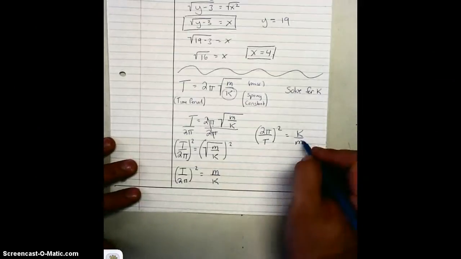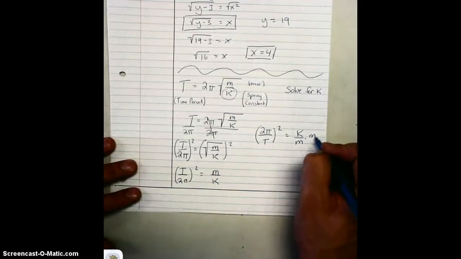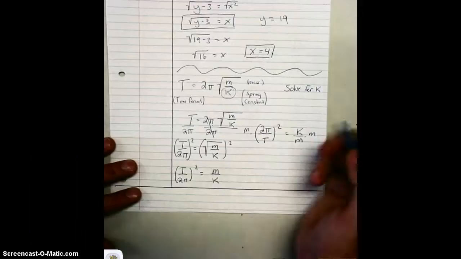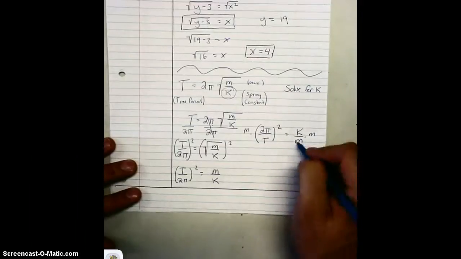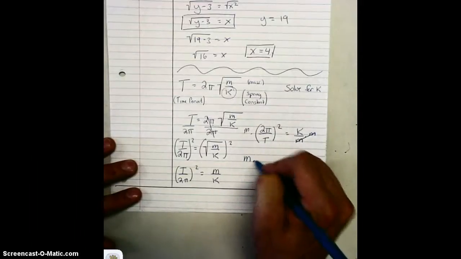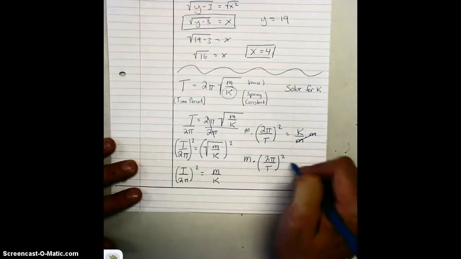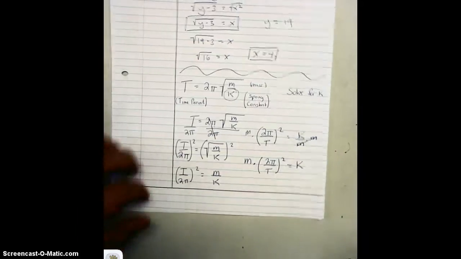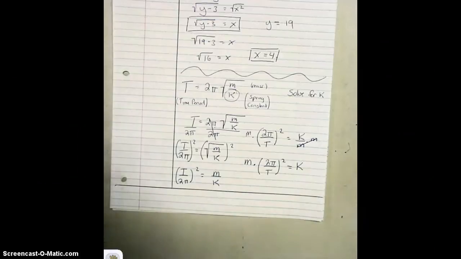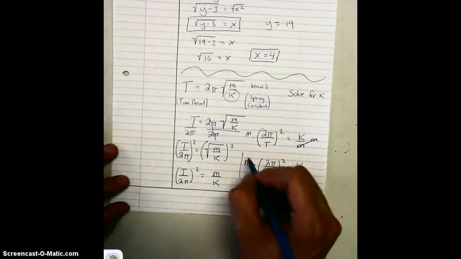And finally, we need to get rid of this m, so let's multiply both sides by m. So our final answer, this cancels out: m times 2 pi over T squared equals k. So this right here is our final answer.